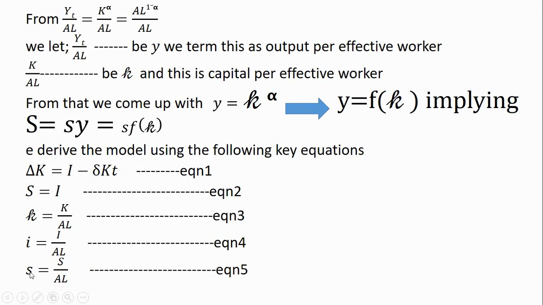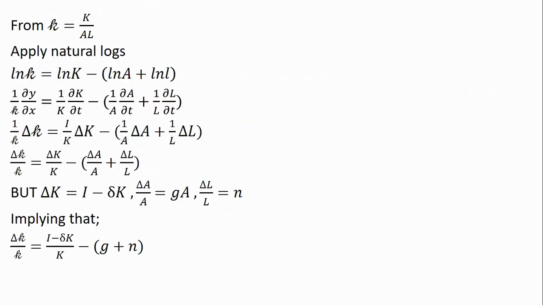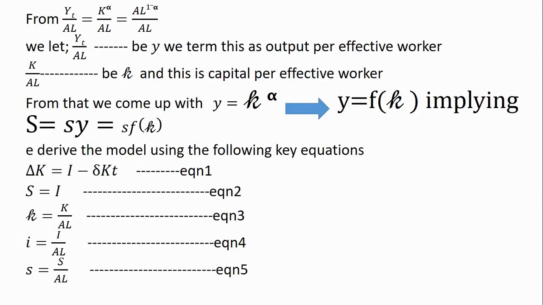This small s is savings per effective worker. Now, the major key equation we use to derive this model is equation number 3. We should really note this. Equation number 3, this is the first step, or the beginning of deriving this model.